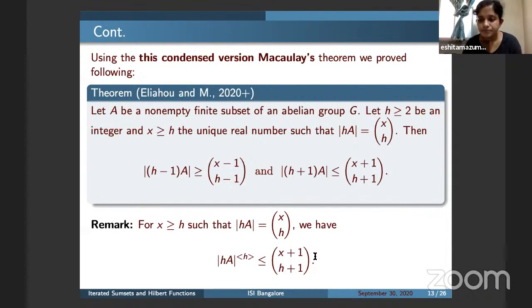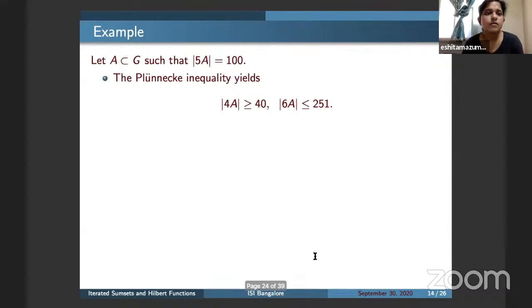Now let me try to compare all those results. Let G be any abelian group, and let A be a subset of G such that the cardinality of 5A is equal to 100. Plünnecke's inequality yields that the cardinality of 4A is lower bounded by 40, and the cardinality of 6A is upper bounded by 251.